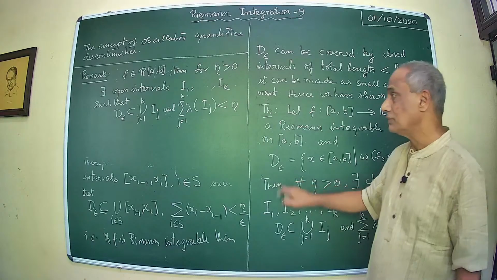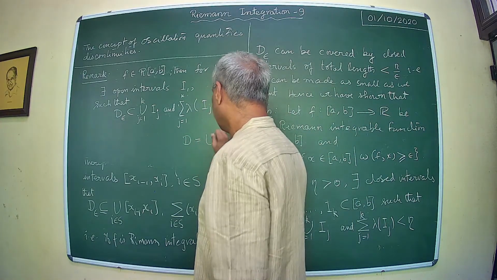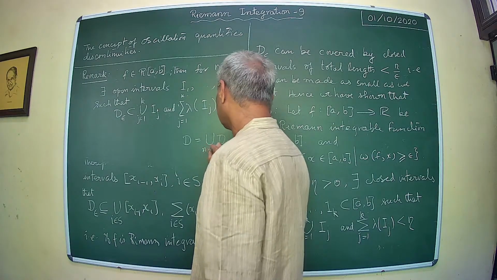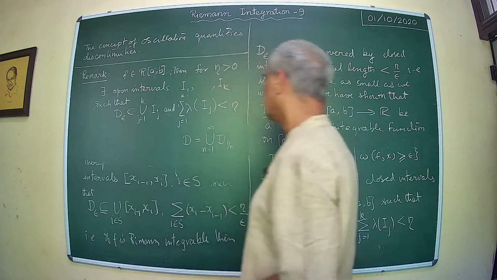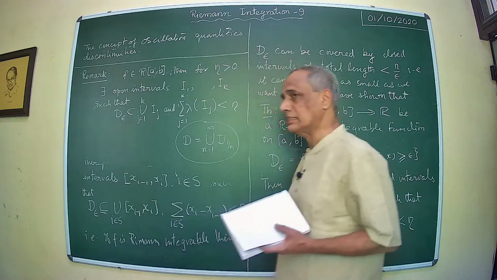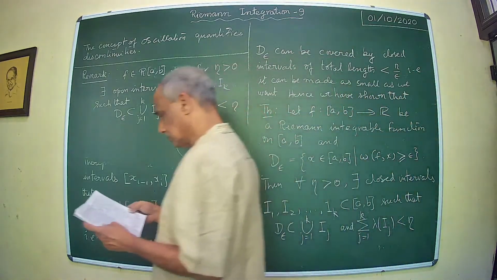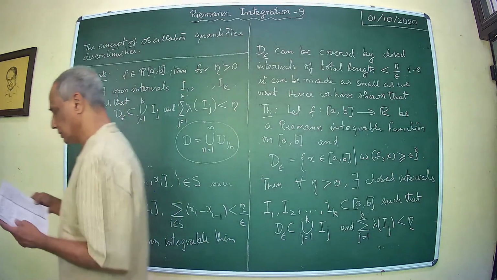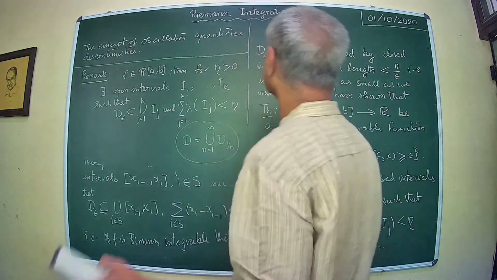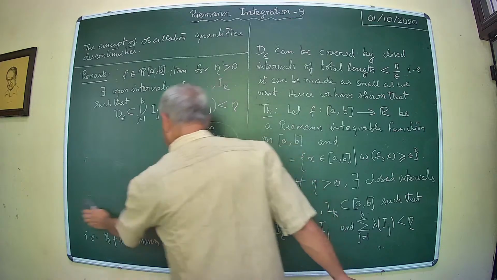We have seen that D is essentially a union of the D n. So we shall make use of this to get a covering for D as small as we want. So that's our next task. We will work this out. I will just write down the theorem, then we will do a proof.